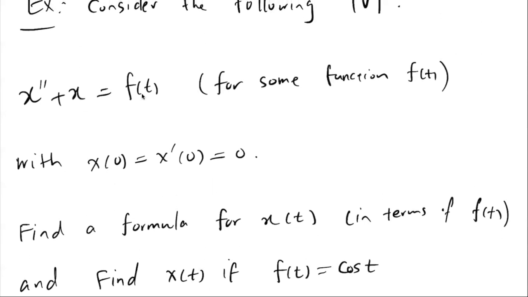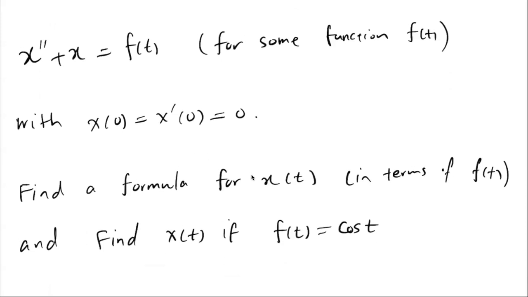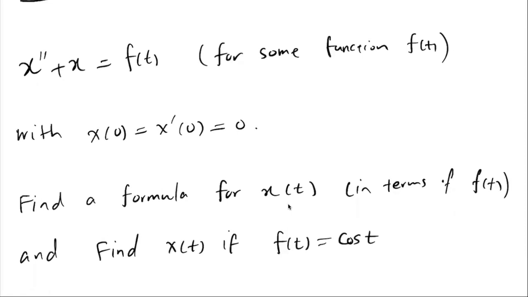Of course, if we don't know what f is, we cannot find x exactly. But in the best case scenario, we can hope for finding x in terms of f. So this is what we want to do in the first part, and in the second part, we want to know what exactly x of t will be if f of t is cos t.